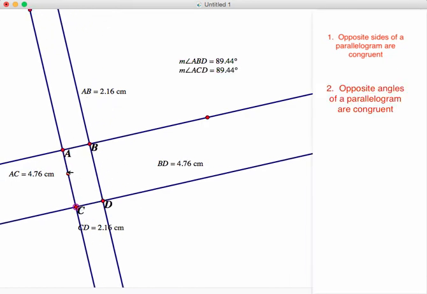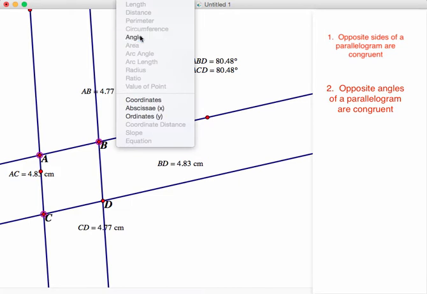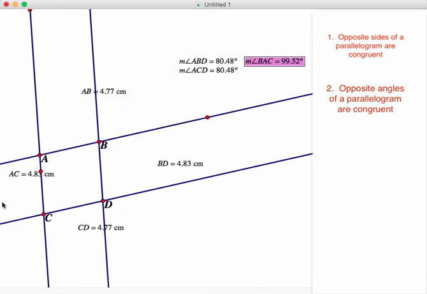And again, it's not just one set of sides. Angle BAC should be the exact same measurement as angle BDC, which would be opposite of angle BAC. And when I measure that, you can see, in fact, they are the same.